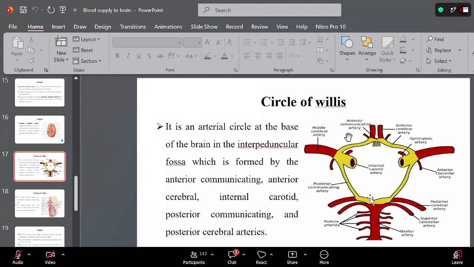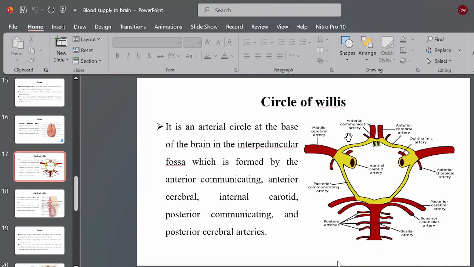Yes. Now, class, at any point when you are asked to tell us about the blood supply of the brain, just talk about something that you call what? Circle of Willis. Is that okay? Yes. Now, circle of Willis.